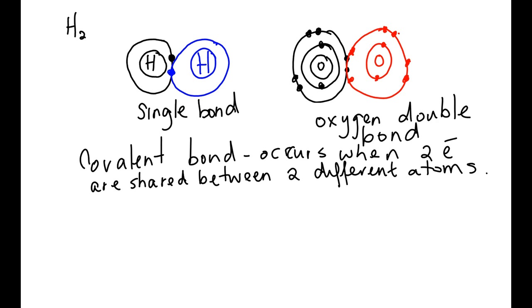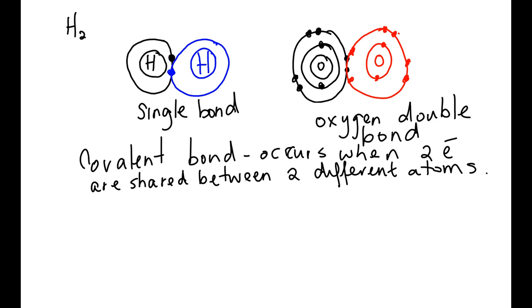If you have 3 pairs of electrons, it would be a triple bond, and you don't do quadruple bonds. No such thing. So we're doing single, double, or triple. So if you've got a triple bond, you're sharing 3 of your electrons with 3 of their electrons for a total of 6 shared, okay?